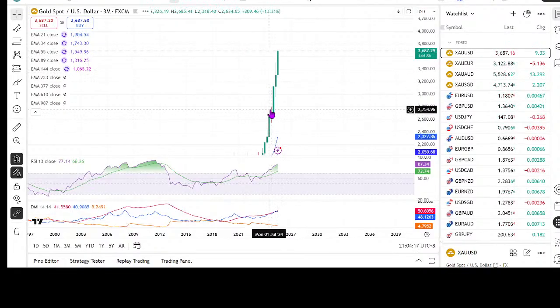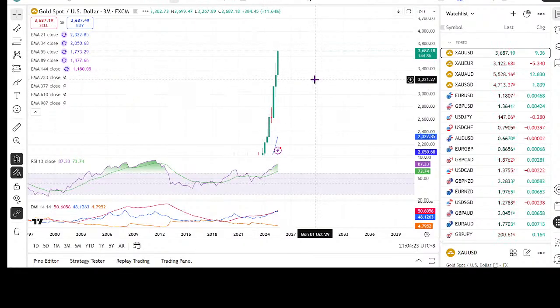Ever since the news came out that the US is expected to cut rates, the market already started responding. Also, if I recall correctly, there was news that the Fed chairman is going to be sacked. I think that was also the trigger point at that time, and the price started to move up.